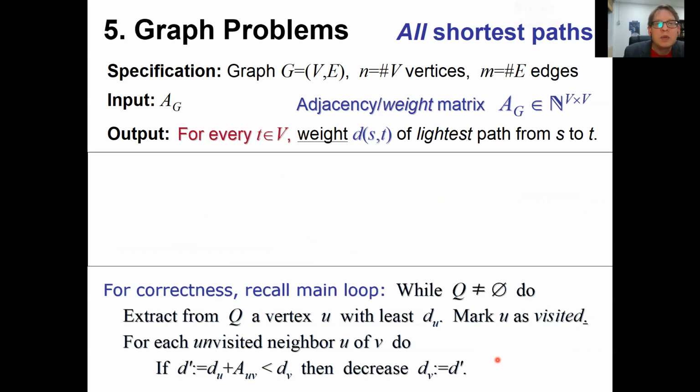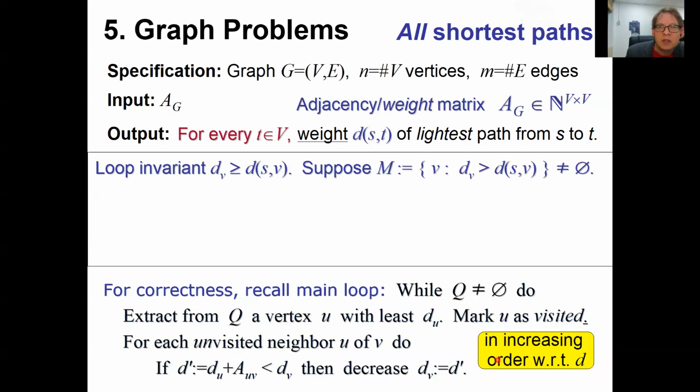A popular way of asserting correctness of algorithms is by finding and asserting a loop invariant. And the loop invariant we consider here is that the distances stored in this array, the tentative distances maintained by Dijkstra's algorithm, will always be greater or equal to the actual optimal weighted distance from S to V. So this is a mathematical quantity, and this is the algorithmic quantity maintained by the algorithm.